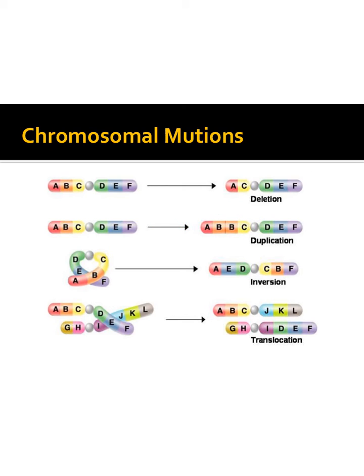Okay, and our third type of chromosomal mutation, inversion. Inversion reverses the direction of parts of a chromosome. So we can see the mutation happening here on the left side, and as a result of the mutation on the left side of our centromere, we have A, E, D and C, B, F to the right of the centromere.